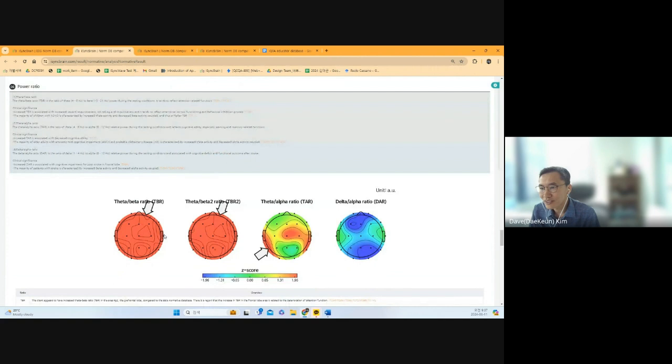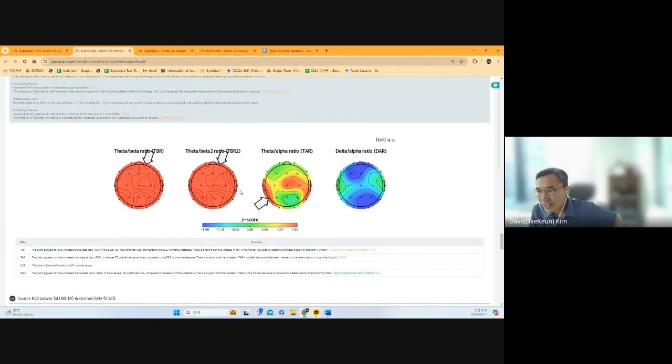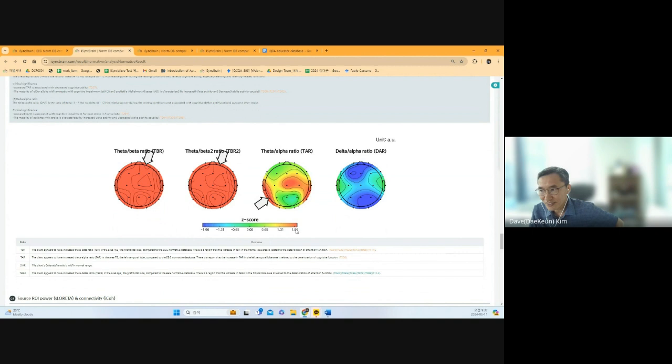And we can also see the theta beta ratio is very high. This arrow means that this area has the largest theta beta ratio, exceeding this cutoff value.